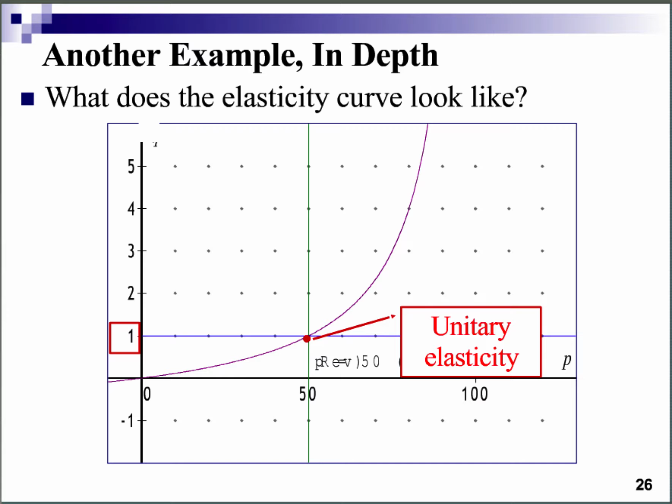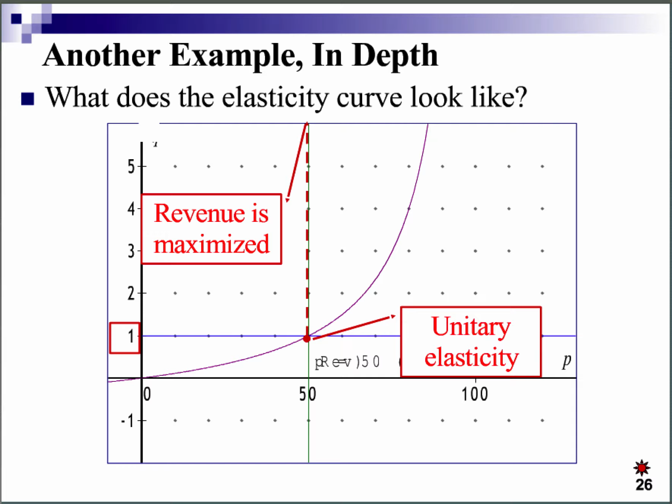Of course, we just saw that on the previous slide. But if you were to take that particular point and then go up and then zoom out so that you could see the revenue curve, then that's the point where your revenue should be maximized. And sure enough, we've seen that already.